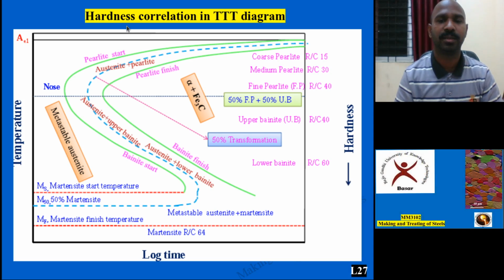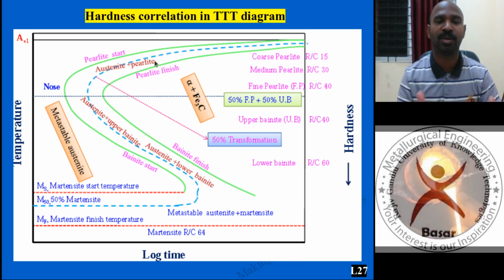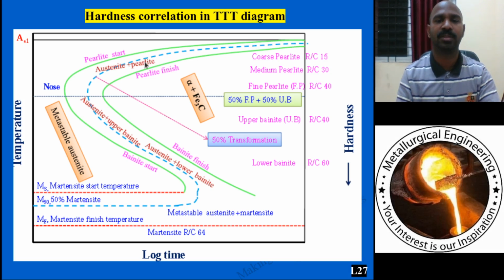And also about the hardness values, if you see at this particular temperature, when you allow it for a long time, it is coarse pearlite. The Rockwell hardness C scale is 15, and at 50% austenite and 50% pearlite, 30.